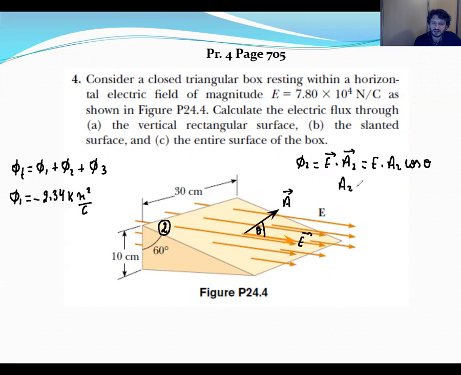A2 as a magnitude equals the length times the width, A times B.